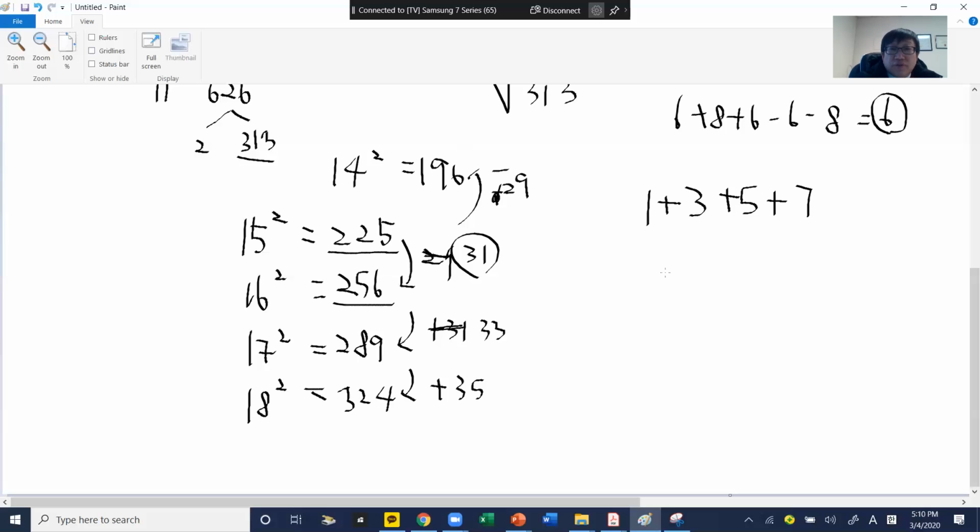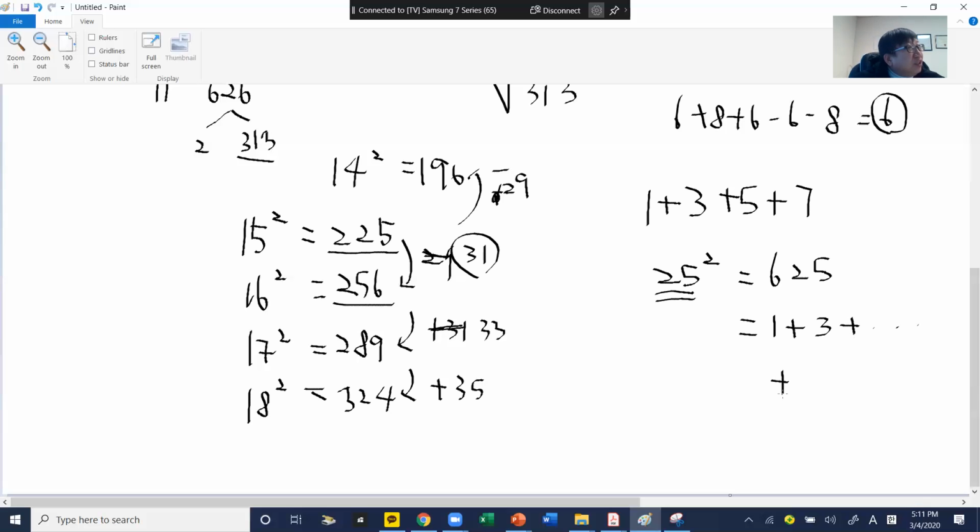You know like 25 squared, right? 625, right? So this one means the sum of the first what? 25 odd numbers. I just want to ask you, what is the 25th odd number? Can you know that?